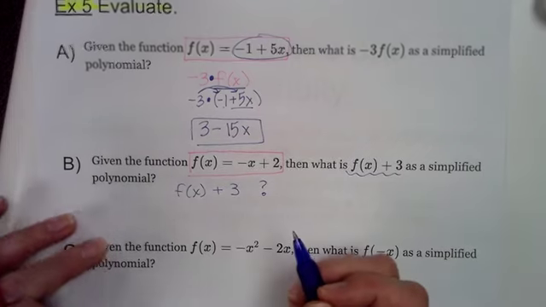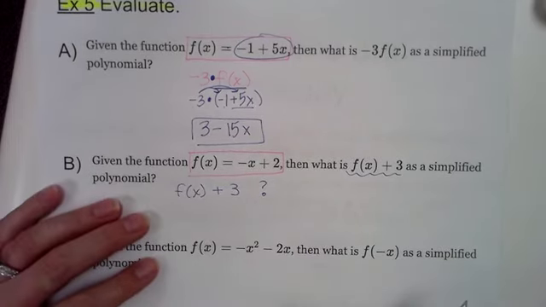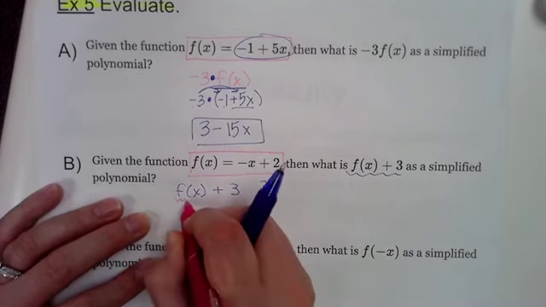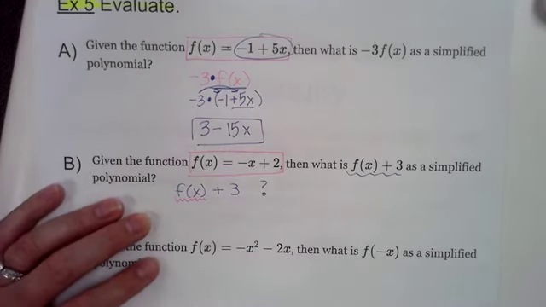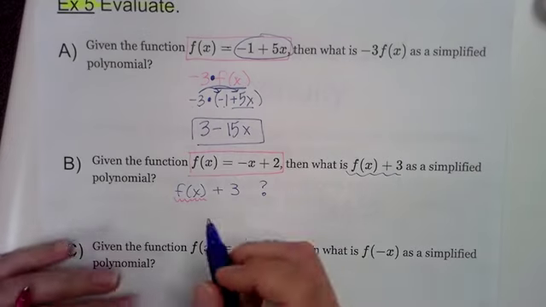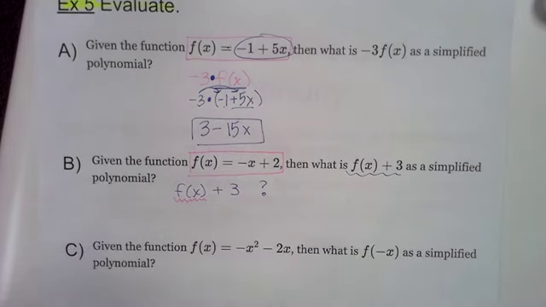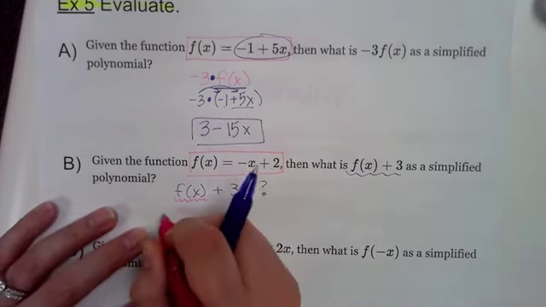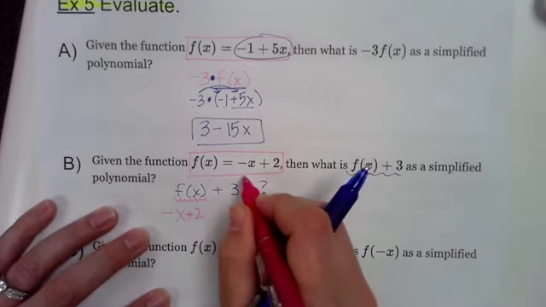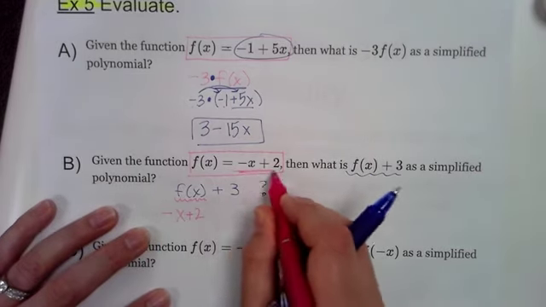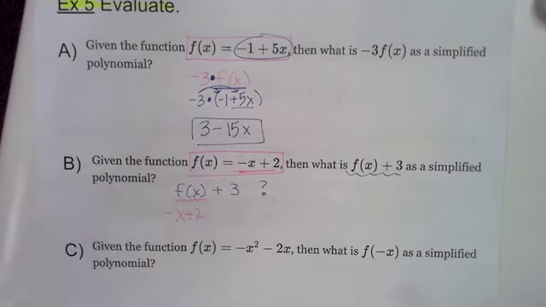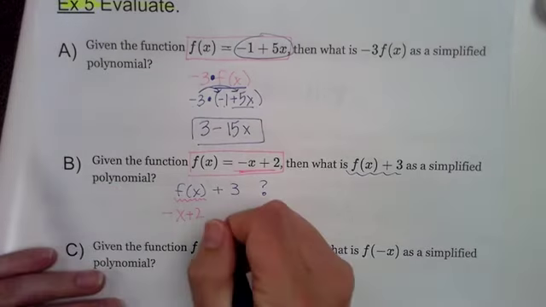What can we do? So instead of f of x, what can we use instead of f of x? Negative x plus 2. That's what it's equal to. F of x equals negative x plus 2. So we can replace f of x.